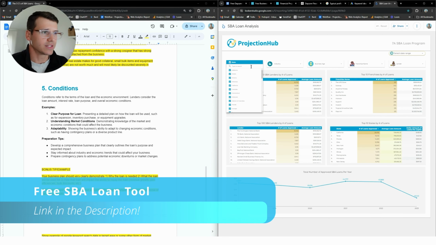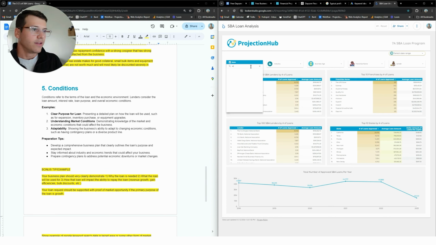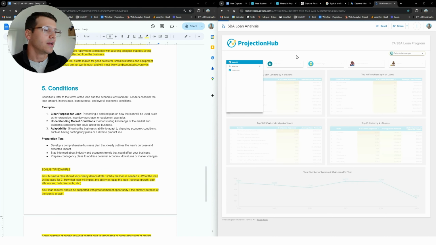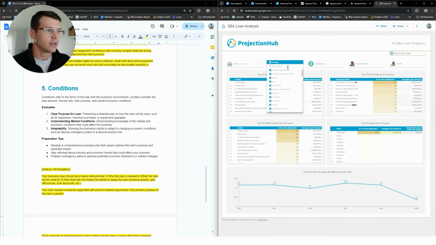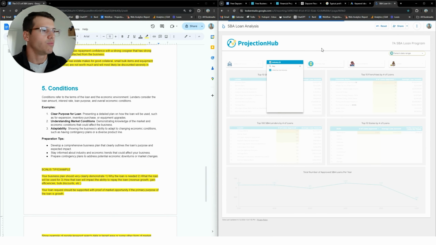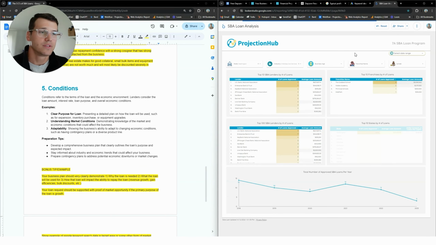We can search things like, we want to search for the state of Washington. This is basically using publicly available SBA data that we've organized so that we can filter to see who's making loans to specific types of businesses. You can start to see each time I update these, the list starts to change.